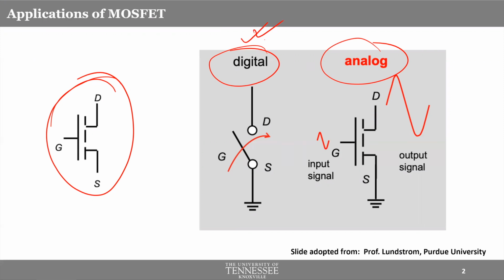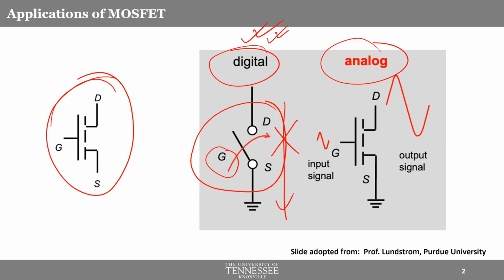For these particular applications, MOSFETs act like switches. You use the gate to selectively turn on or turn off the MOSFET, and you can allow or restrict the flow of current from drain to source. That's the only feature that we want from a MOSFET to make it operate like a switch for digital applications.